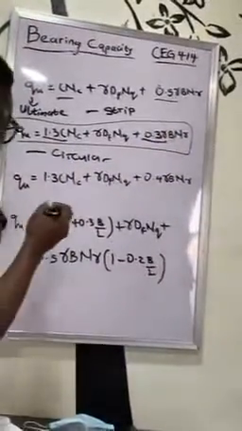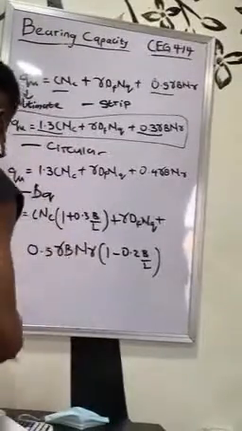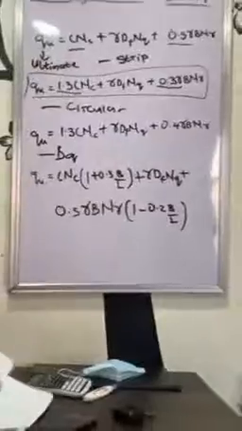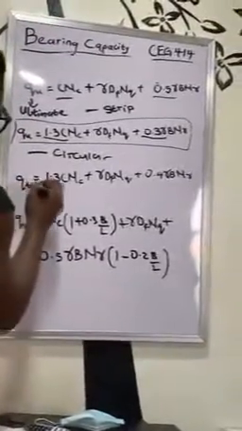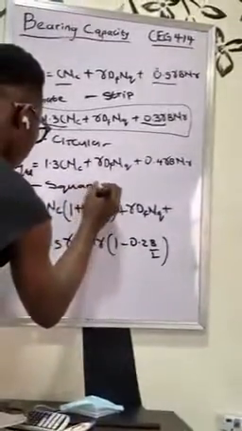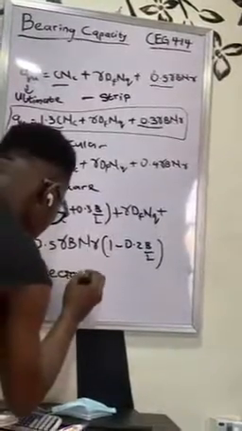The third formula is for a square footing, and the last is for a rectangular footing.